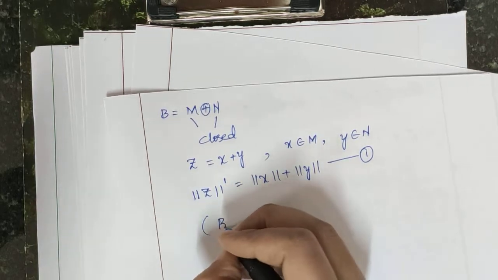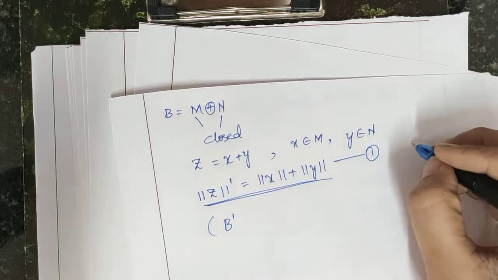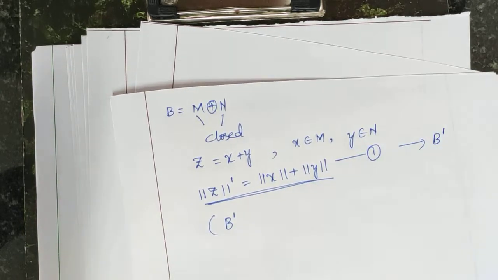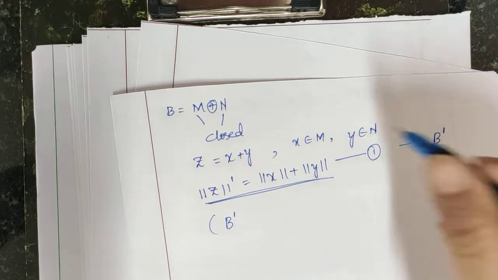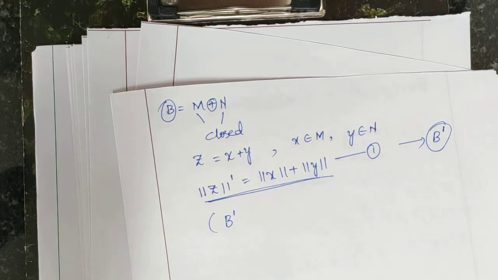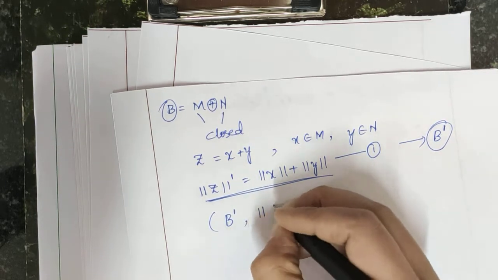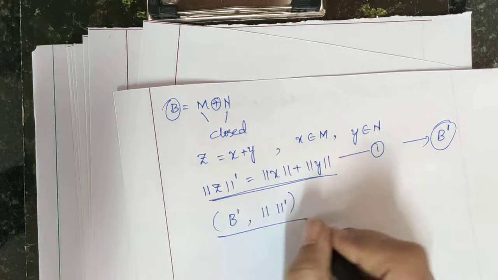So first what I will do is, for this new norm, the space is B prime. Don't get confused. Your B and B prime both are the same sets. So I can denote it as B prime, norm prime. This is my new function now.